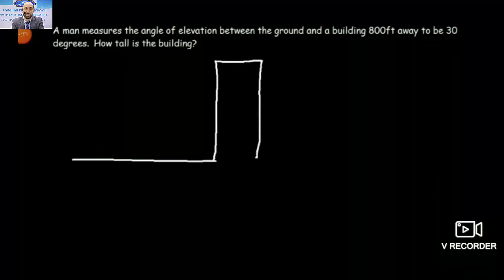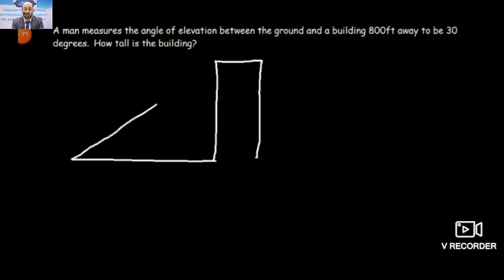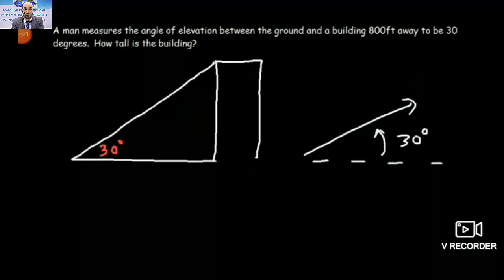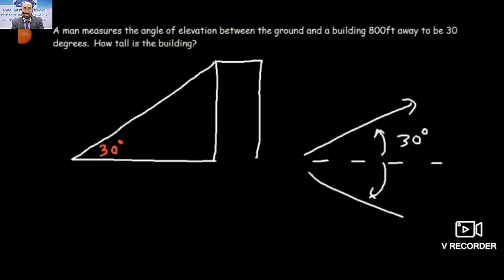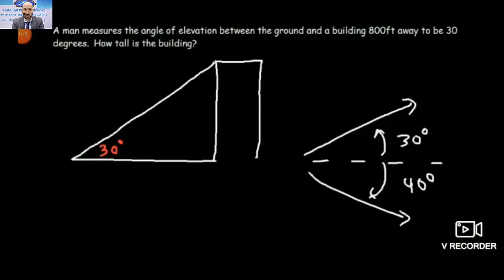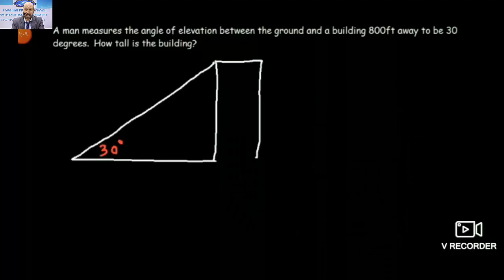So if he's standing in front of the building, the angle is down and he raises his head to see the top of the building. So the angle of elevation is 30 degrees here, and it's up, not down. And how tall is the building?